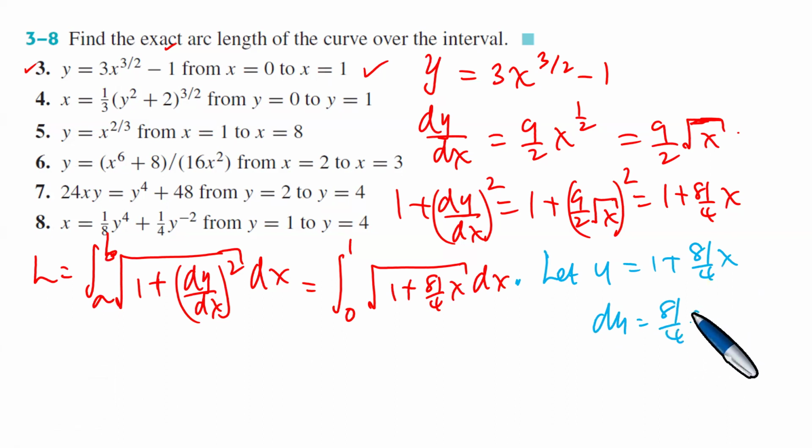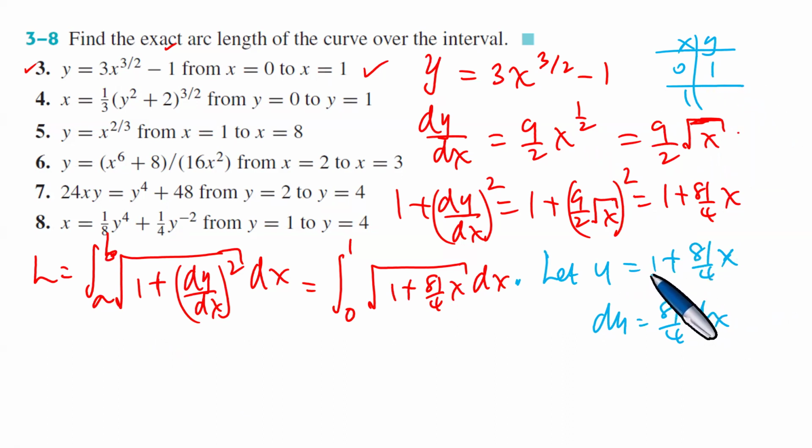It is 81 out of 4. x is from 0 to 1. Now, if we put 0 in the place of the x here, to get the u, this is going to be 0, and then u is 1.